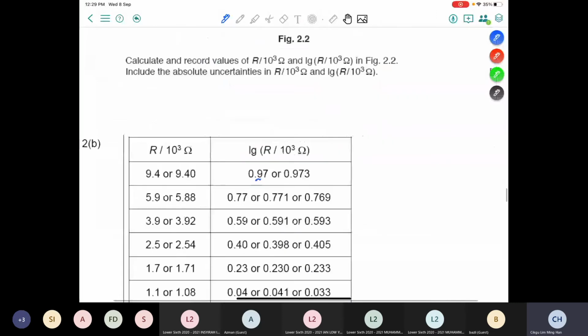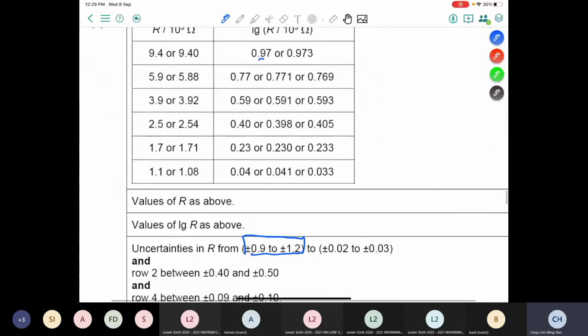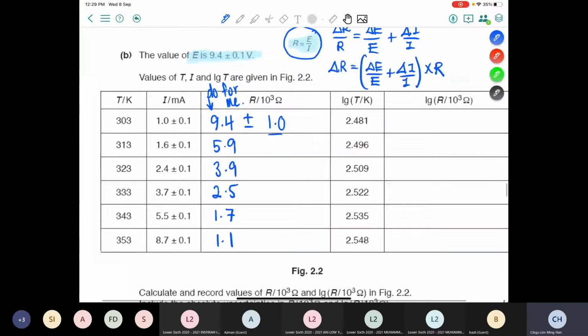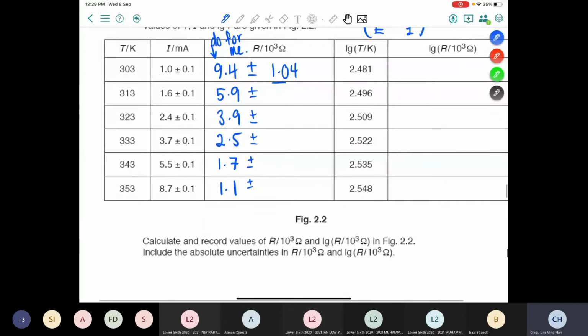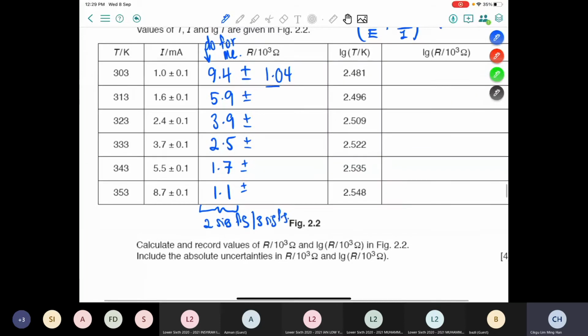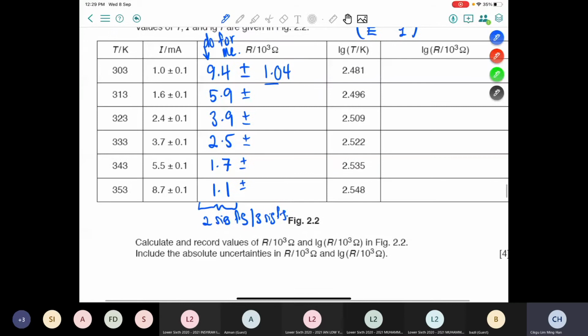I think it should be fine if you write 2 decimal places. If you want to write 1.04, it is fine also. The most important thing is this one must be 2 sig fig or 3 sig fig. Anyone already finished?